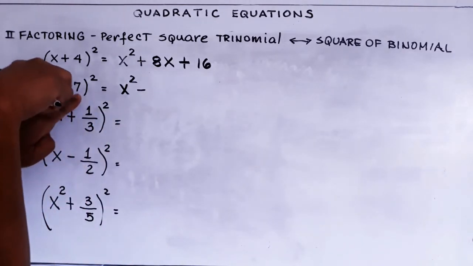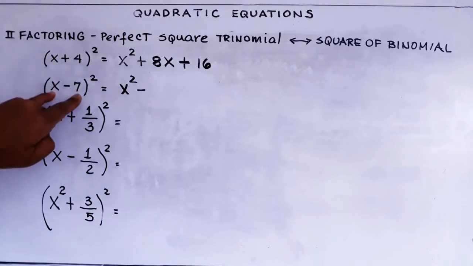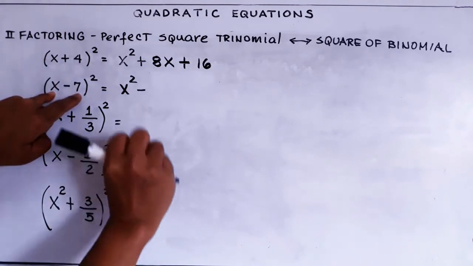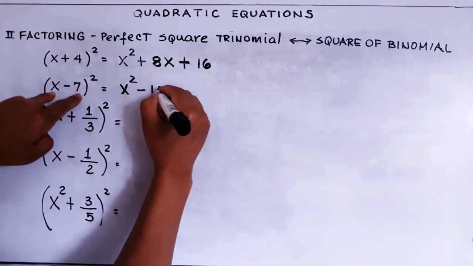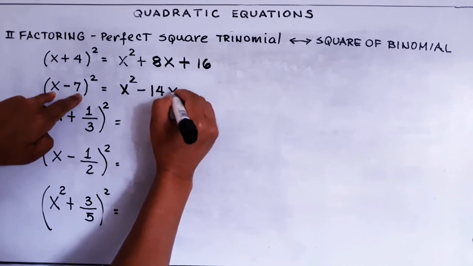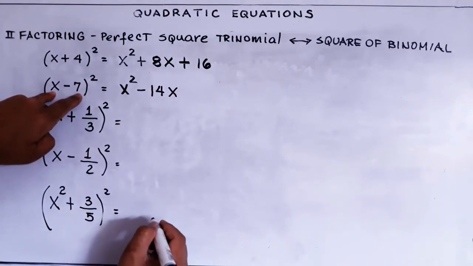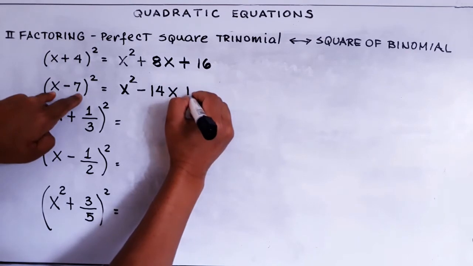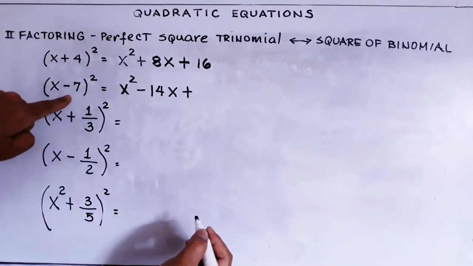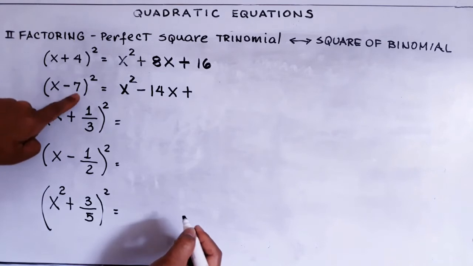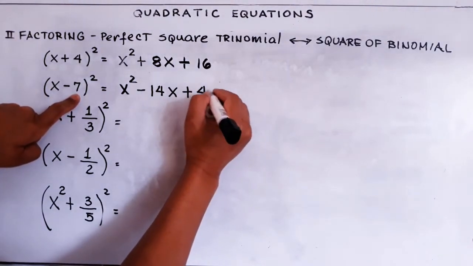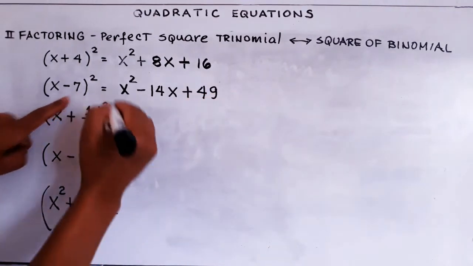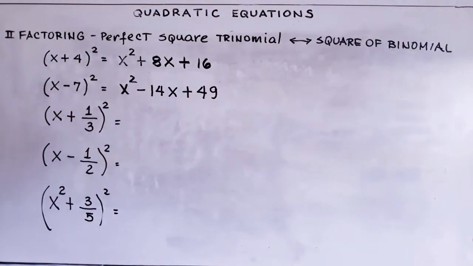So you have x times 7 or 7 times x is 7x times 2, don't forget, and we have 14x. What is the sign of the last term? It is always positive, and 7 squared is 7 times 7, it's 49. So that is our answer for x minus 7 to the second power.